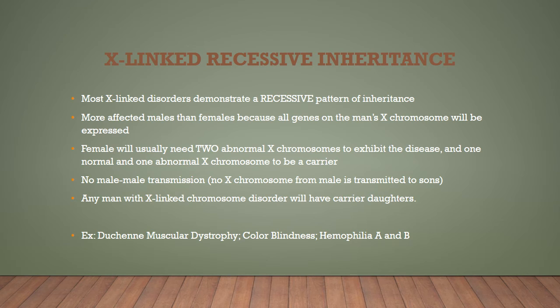And certainly if the mom also has that X-linked disorder, the daughter has a chance of having the disease as well. Again, it's not 100%, depends on how they all line up. Think of that recessive trait again. Examples of X-linked recessive inheritance disorders are Duchenne muscular dystrophy, color blindness, which is a biggie, and hemophilia A and B, which is, of course, a severe one.